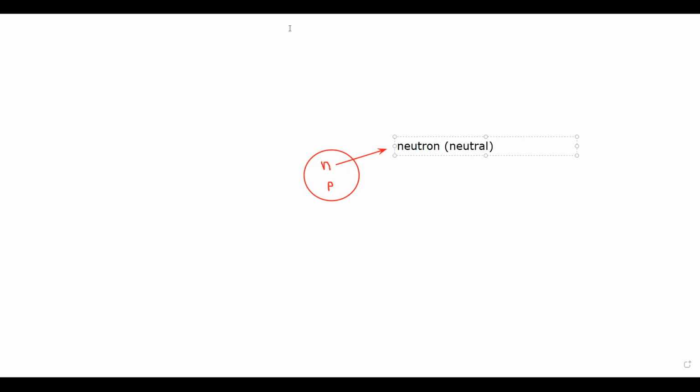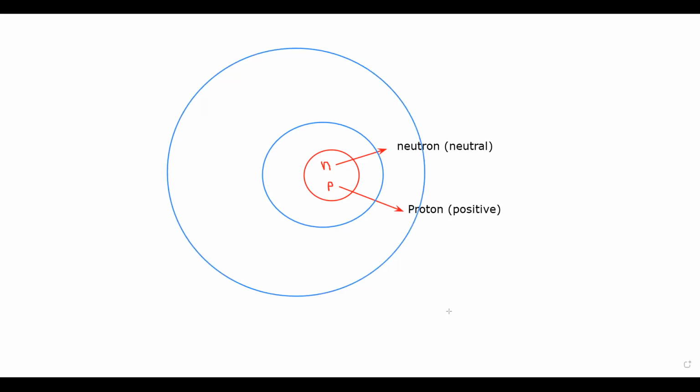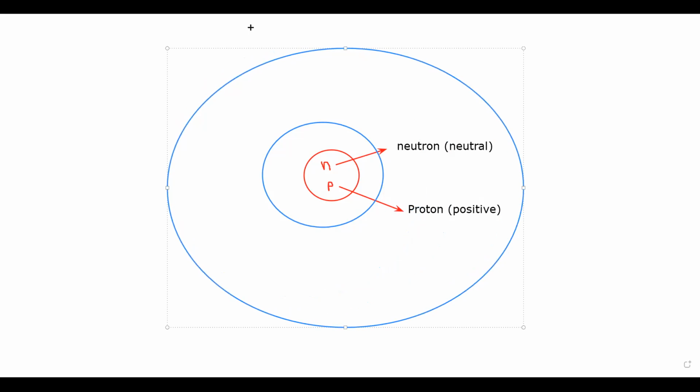And a proton, which is inside the nucleus, carries a positive charge. And around the nucleus, there is another subatomic particle which is revolving around this nucleus in a definite region. This definite region we call a shell.